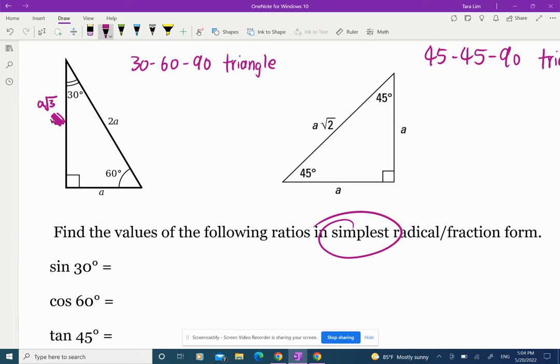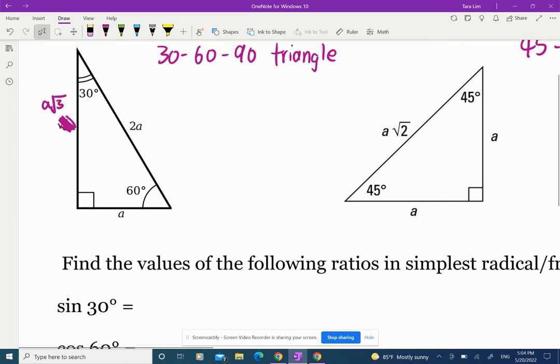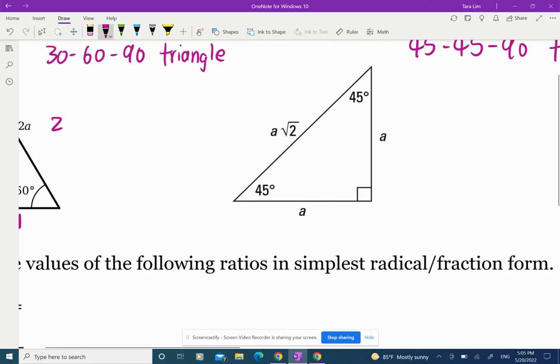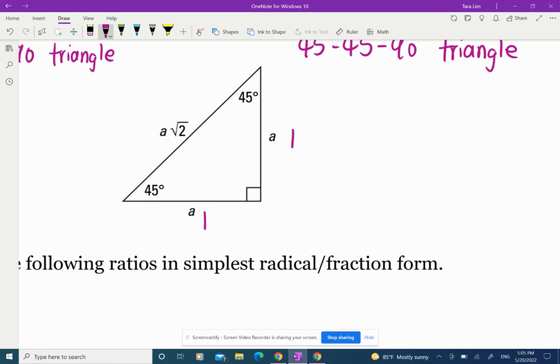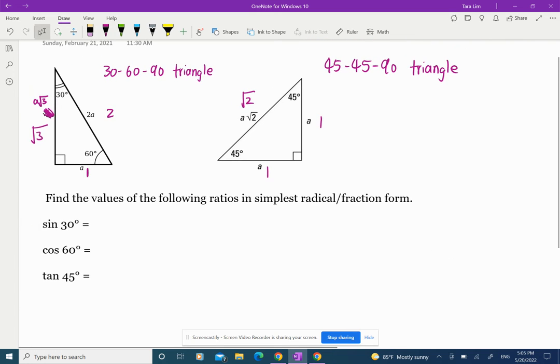It says simplest radical form or fraction form, so I'm just going to say a is 1. If I replace a as 1, this is 2 times 1, which is just 2. And this is 1 times square root 3, the same as square root 3. Again, I have 1 here, and square root 2. That is really simple.